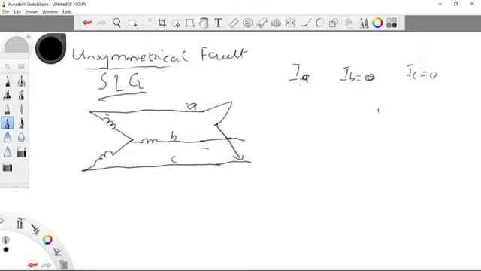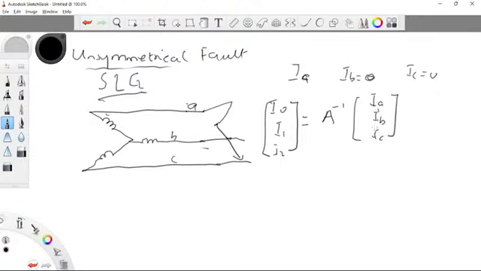So if I want the symmetrical components for this fault current, I'll do I0, I1, I2. This matrix should be equal to A inverse times IA, IB, IC.